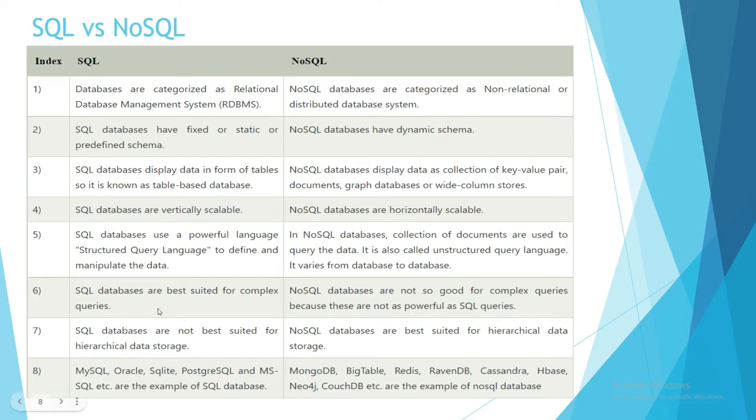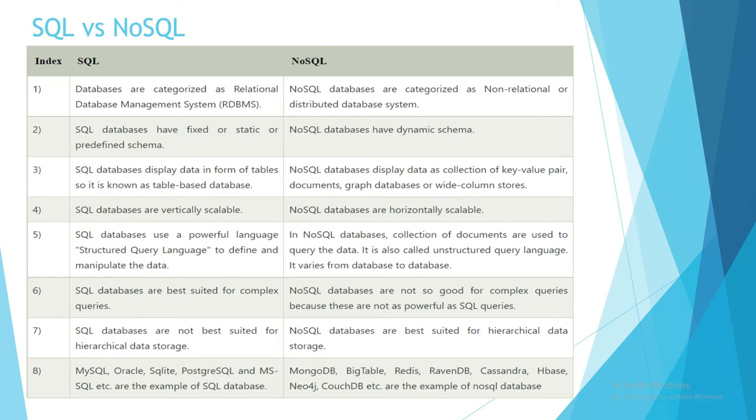SQL databases are best suited for complex queries, whereas in NoSQL we don't have the concept of complex queries because we are not using any kind of joins, as the data which is related to the same type is always stored at the same location. That's why we don't need to write special complex queries here. But if at all there is a requirement to write them, then you need to go with complex queries.